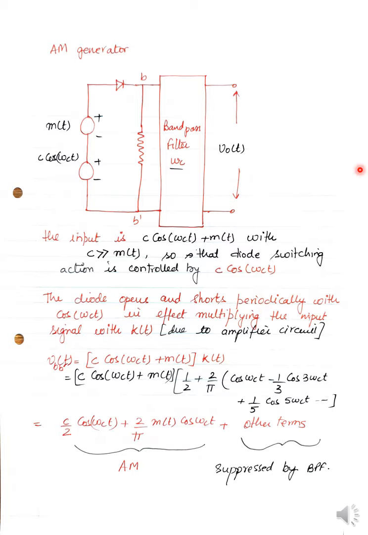So this will be c divided by 2 omega ct. When you multiply this part inside, this is your AM, and the remaining are the signals which need to be suppressed by the band pass filter.